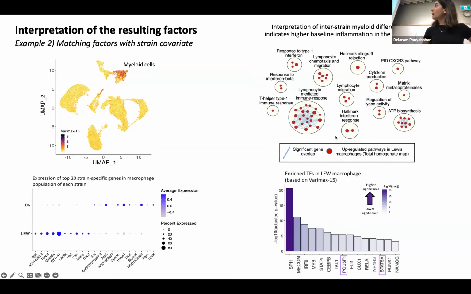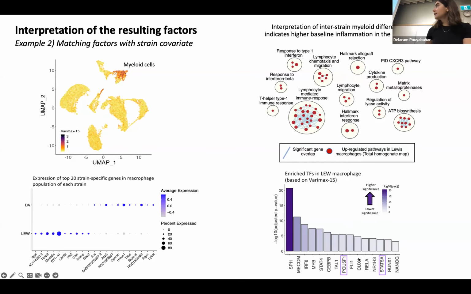I also talked about pathway analysis and gene set analysis. So this is transcription factor gene set analysis. In order to do that, I went to the loading matrix, selected the Varimax number 15 loading values, sorted the genes based on those scores, and applied GSEA or any other pathway analysis method that you might be interested in, visualized using Cytoscape.